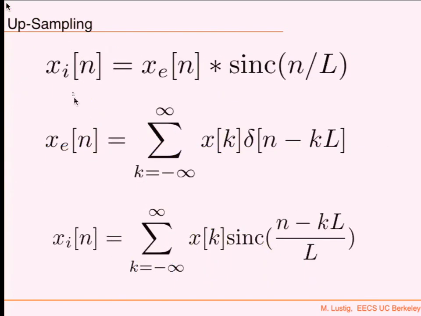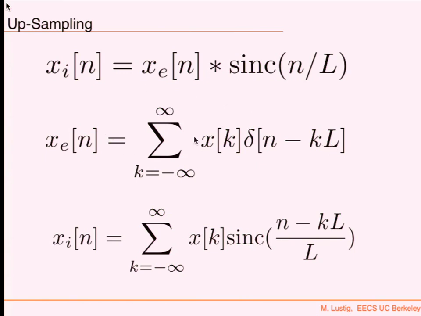Formally, the interpolated signal is the expanded signal convolved with sinc of n over L. The expanded signal is really my original signal multiplied by shifted deltas spaced L samples from each other.